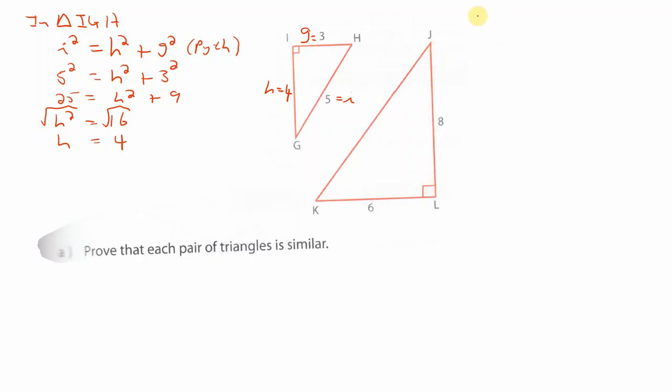Similarly, in triangle JKL, we know that we have small l opposite big L, we have a 90-degree angle, so again we can use Pythagoras. So l squared equals k squared plus j squared.